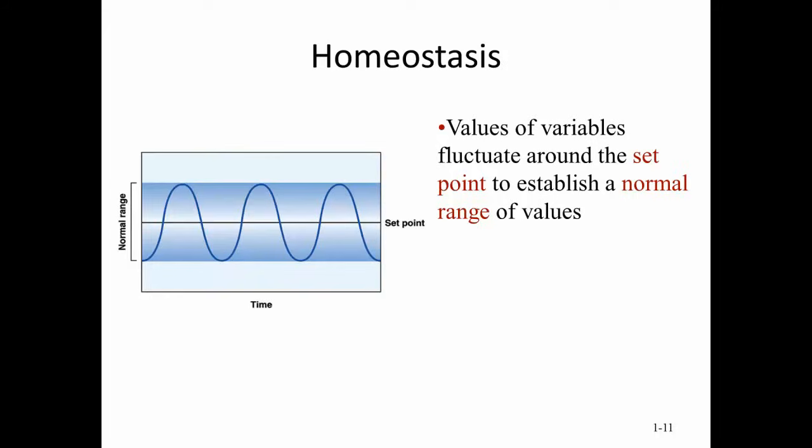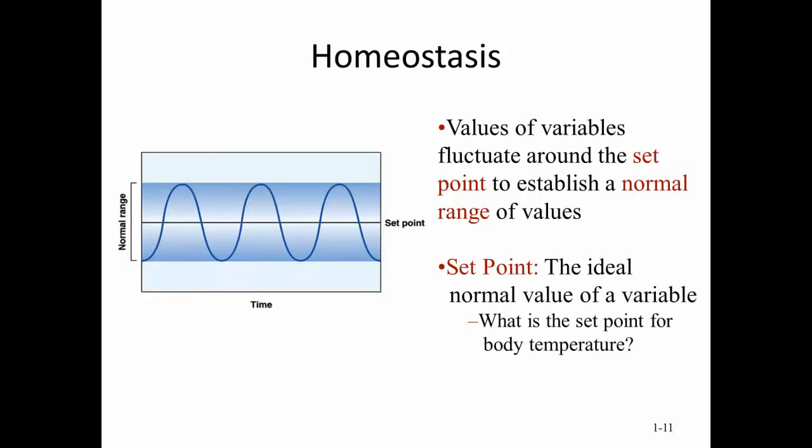So the set point is your ideal. We can usually go up a little bit above that value. We can usually go a little bit below that value, and we consider that a normal range. When you go outside that normal range, that's when you start to get into diseases and disorders.